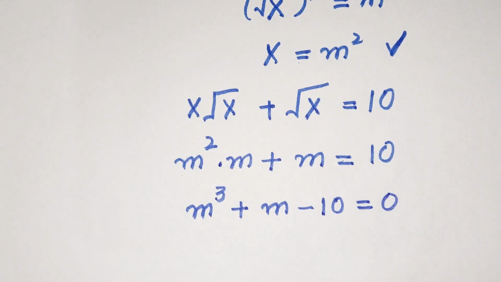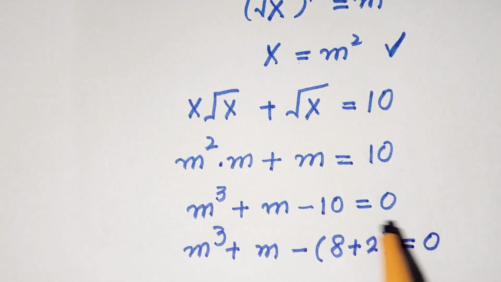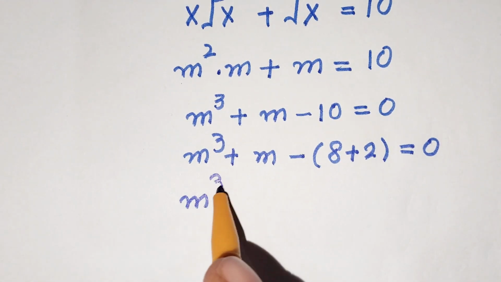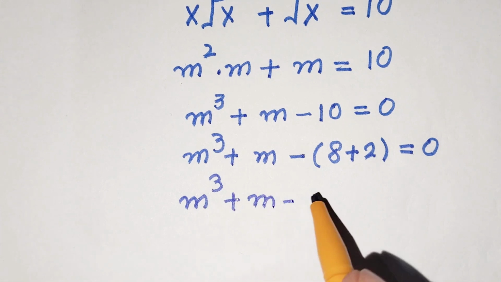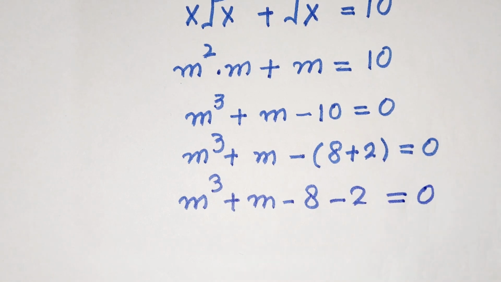So now we can write this as m³ + m − 10 = 0. We can write 10 as 8 + 2, and 8 + 2 is also equal to 10. So m³ + m − 8 − 2 = 0.